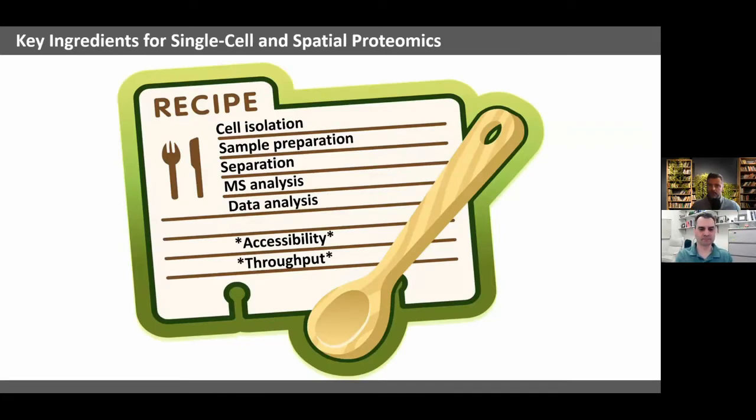And regardless, as we go down in sample input amount, we have challenges in terms of mass spec sensitivity, and we need to do a lot of optimization to be able to achieve an in-depth signal and in-depth proteome coverage from these smaller samples.